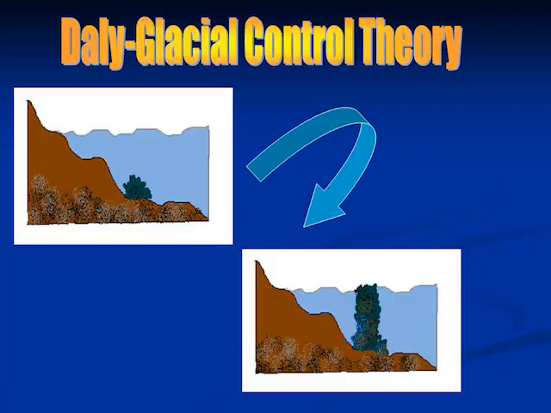Now, the last or the most accepted theory is the Daly-Glacial control theory. As the name comes, the glacial control theory, obviously we can assume this the rising part of the ice edge which will diminish the water level.